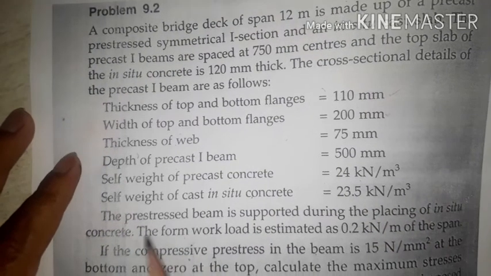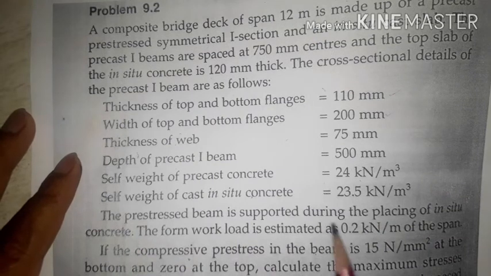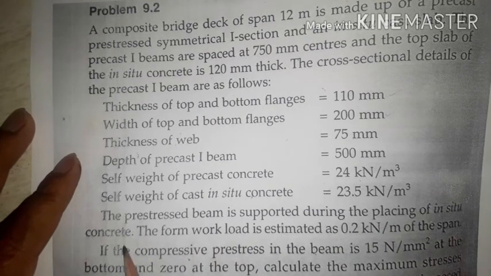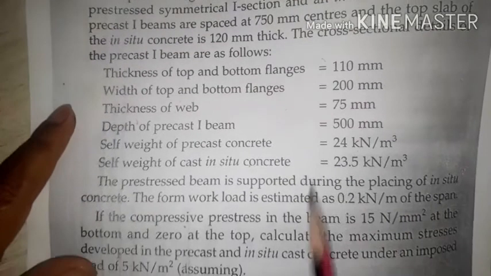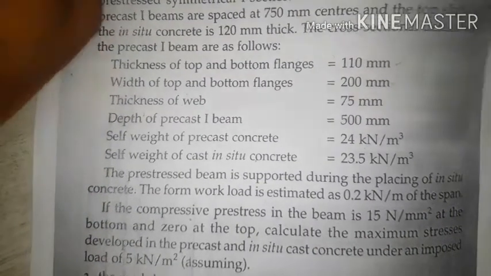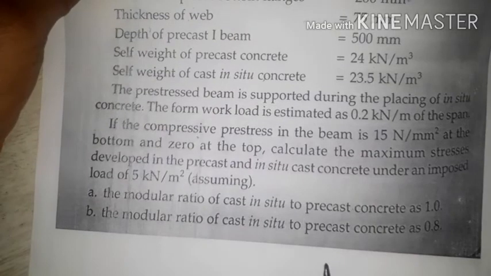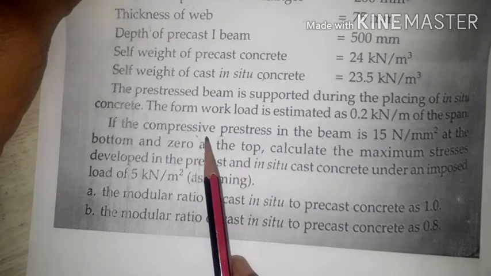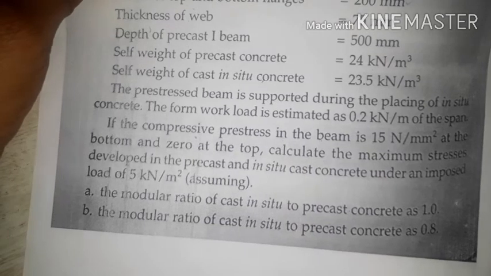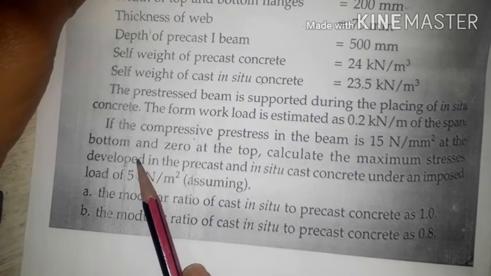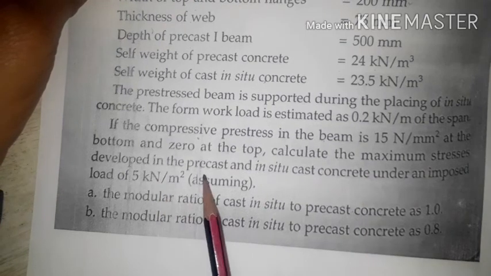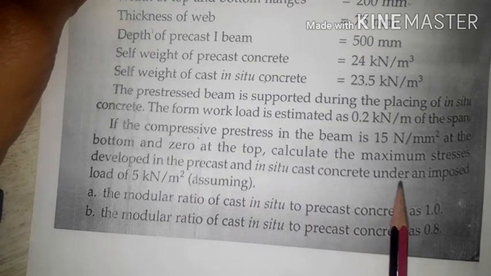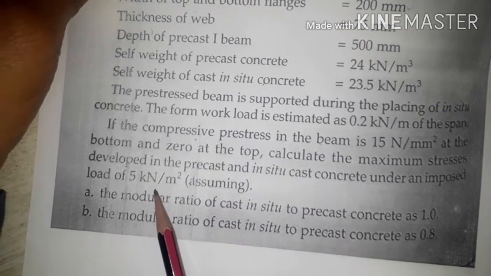Okay. Then the pre-stressed beam is supported during the placing of in situ concrete. The formwork load is estimated as 0.2 kilonewton per meter of the span. Then, if the compressive pre-stress in the beam is 15 Newton per millimeter square at the bottom and 0 at the top, calculate the maximum stresses developed in the precast and in situ cast concrete under an imposed load of 5 kN per meter square.